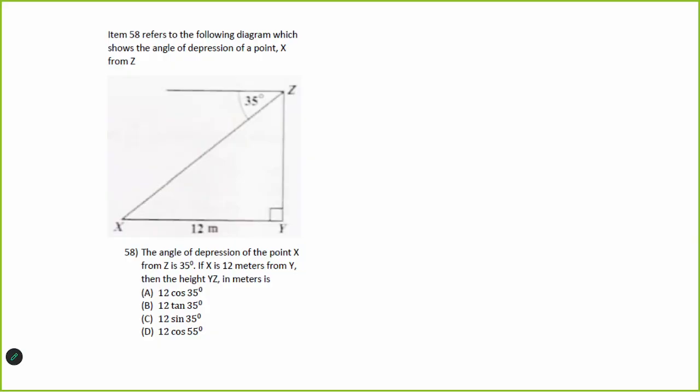This one here, that means this is 35. This here would be 55. So it depends on what angle you're using. They want to know ZY, right? So YZ is the opposite. Adjacent is equal to 12. Theta is equal to 35.